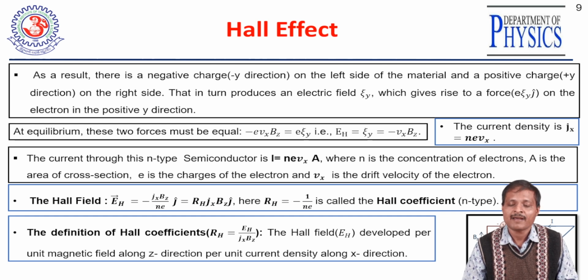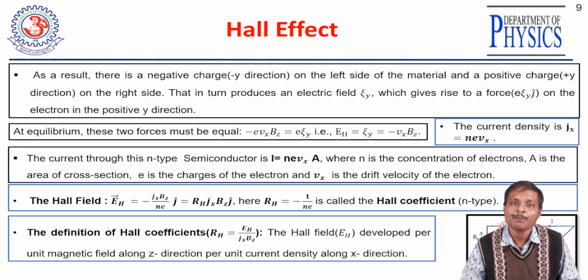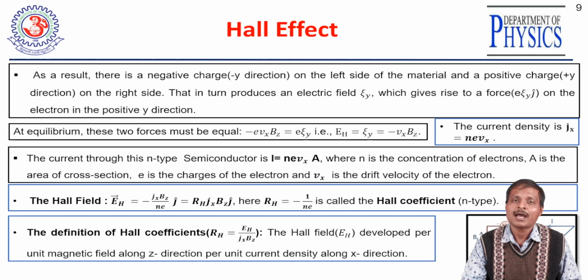What is n? n is the concentration of electrons, e is the magnitude of charge, and Vx is the drift velocity along the x direction. The current through the n-type semiconductor along the x-axis is I equals n e Vx into A, where A is the cross-sectional area of this material.